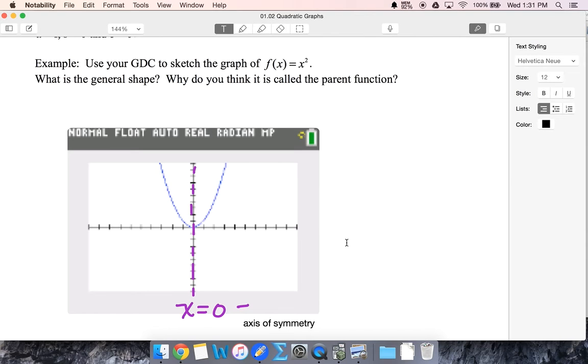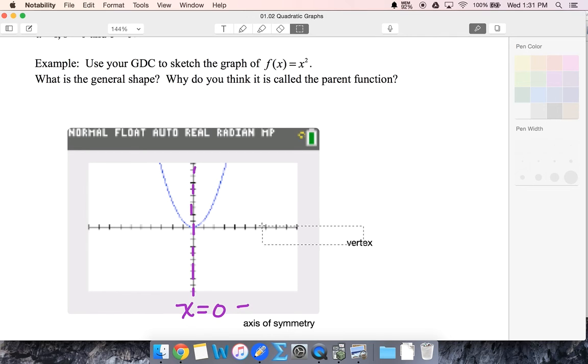The next key feature is the vertex. It's up here. Oh, that's not very useful if I can't move that over. Aha, all right. So our vertex is down over here.